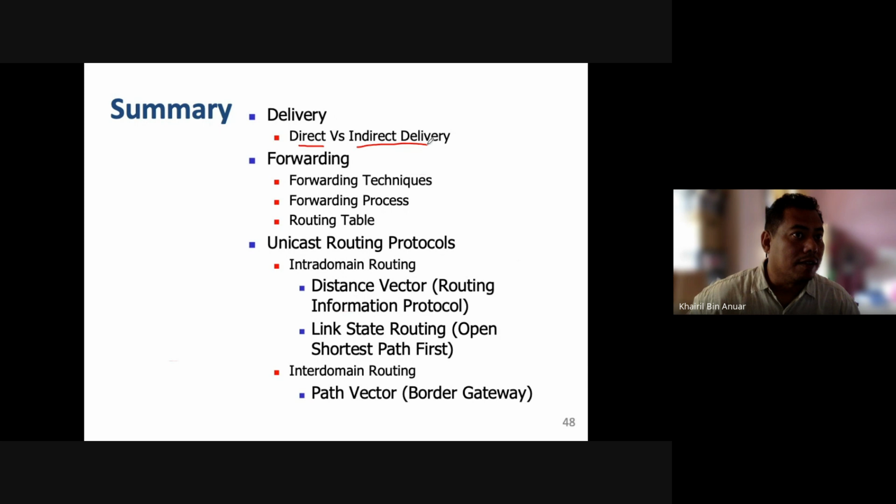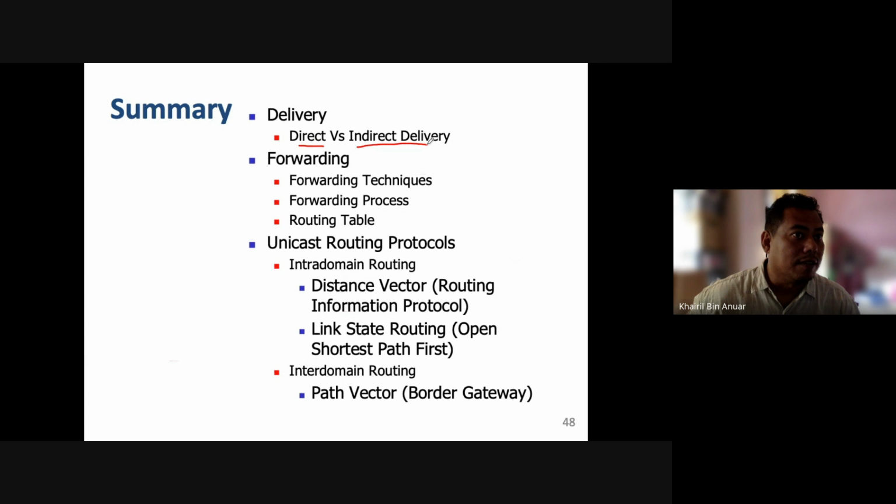Then we saw the forwarding techniques and process, and in detail the routing table, which can be updated using your network or host, and within that routing table you have intra-domain routing or inter-domain routing.